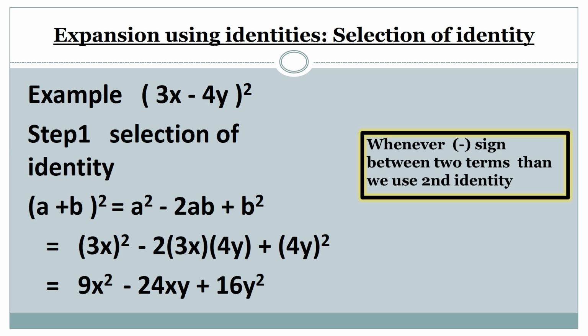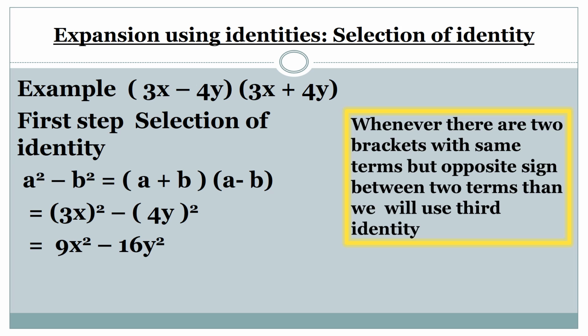So in this, we take the identity (a minus b) whole square is equal to a square minus 2ab plus b square. Students, the whole process is the same. The only difference is when there is a minus sign between two terms, then the sign with 2ab will become negative. All the other procedure is the same as the last question.